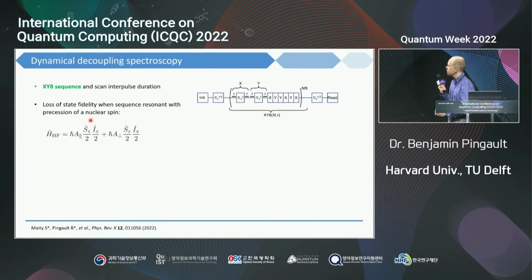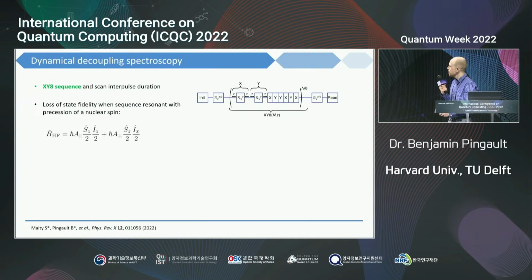For the specialist, we do an XY8 sequence, whereby you change the phase of the different pi pulses from X to Y and X again and Y, etc., to mitigate the pulse errors. And we scan the duration tau between the pi pulses.